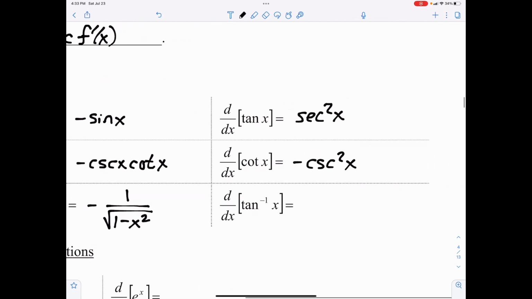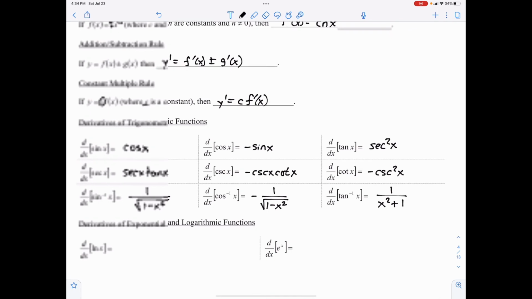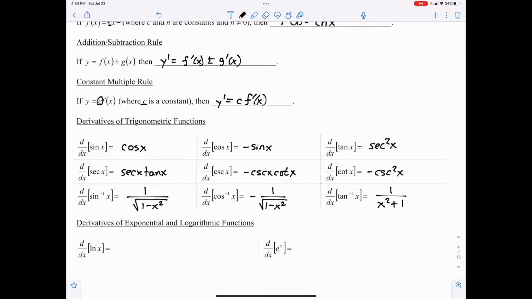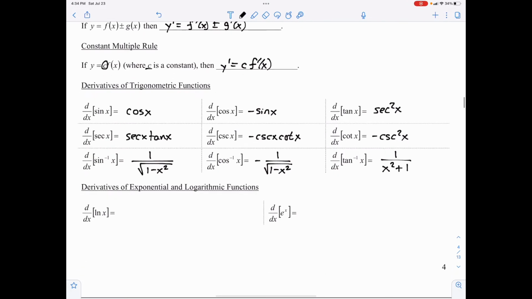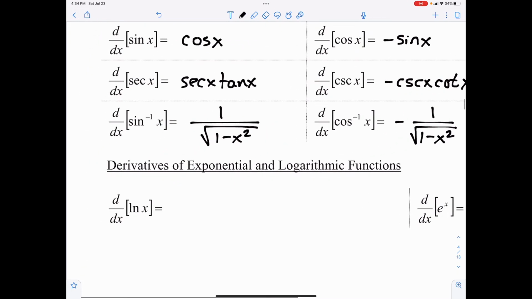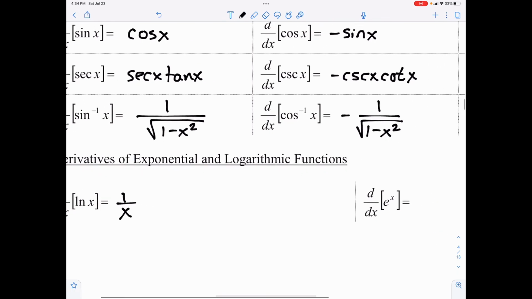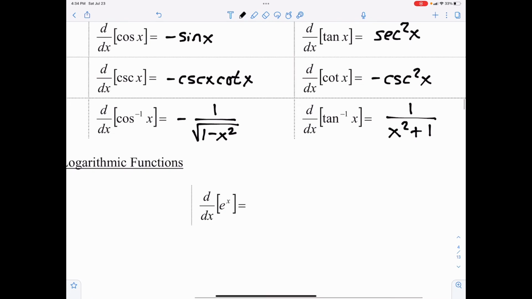And the derivative of arctangent would be 1 over x squared plus 1. Those bottom three rarely show up in AP Physics, if ever, but it's good for enrichment purposes to know them. The derivative of natural log of x is 1 over x. And the derivative of e to the power of x is e to the x.